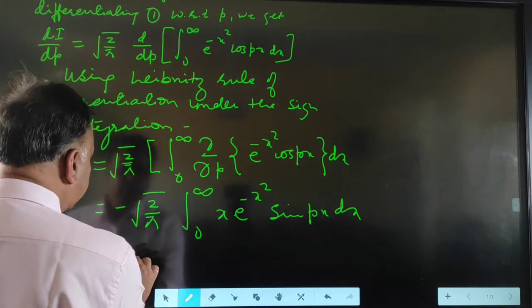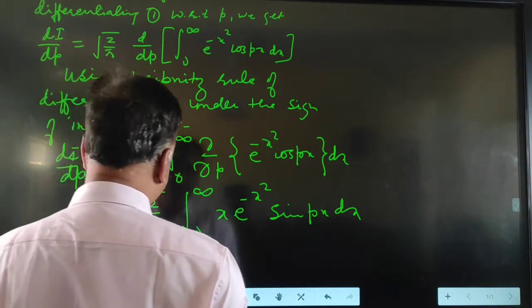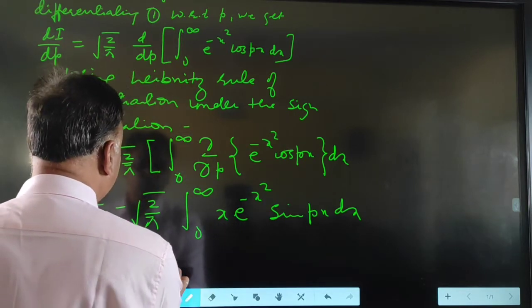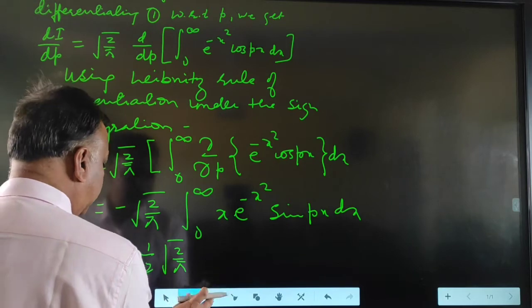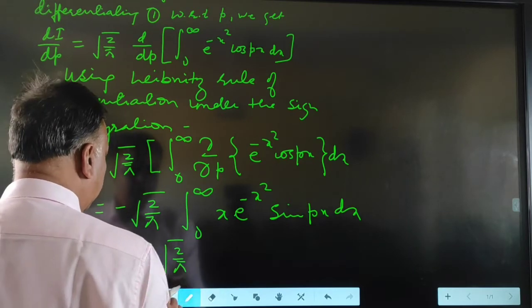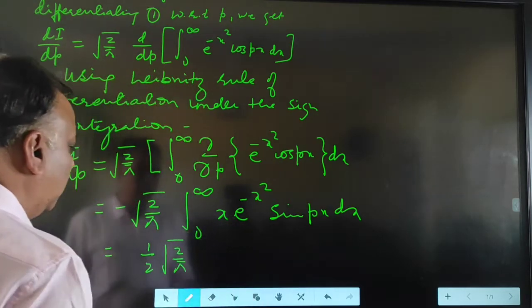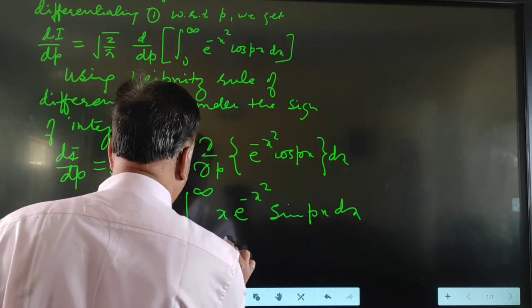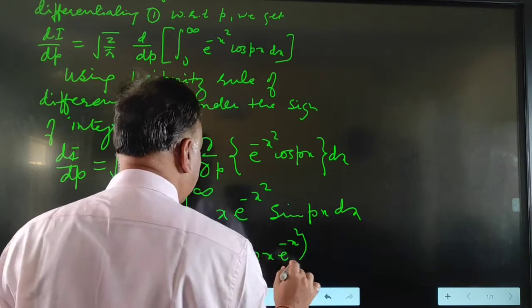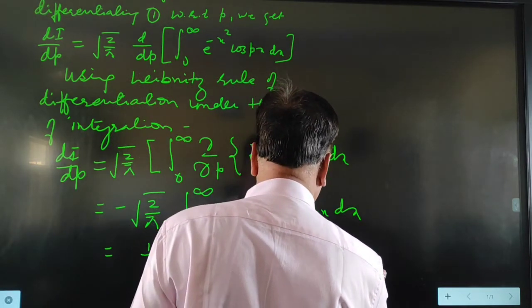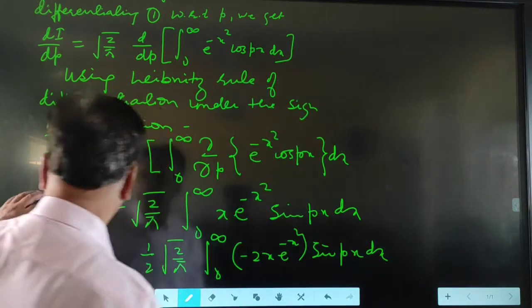Now this can be written as minus 1 by 2 root 2 upon pi. The minus is taken inside, so this is 1 by 2 root 2 upon pi integral 0 to infinity minus 2x e raised to minus x square sin px dx.